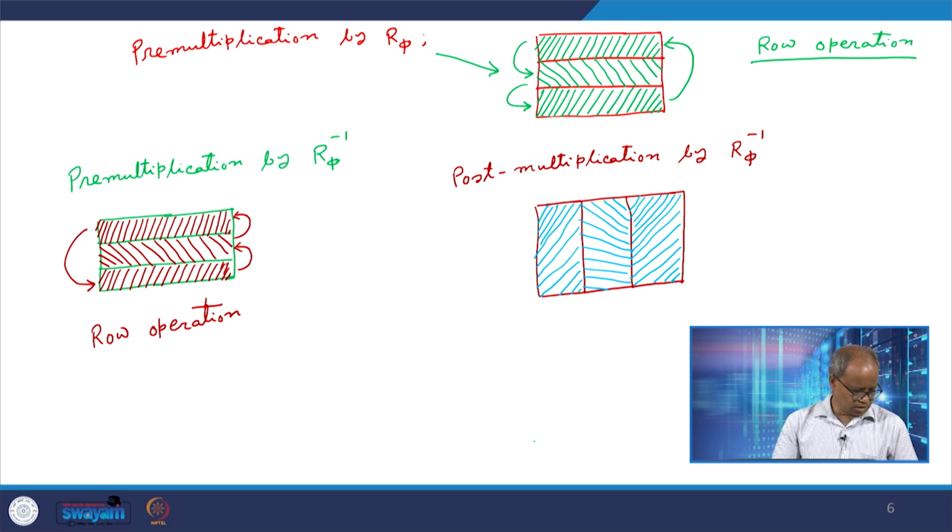Right. And what happens is that the third column goes to the first position, and then the first column goes to the second position, and the second column goes to the third position. So it is also a column operation.